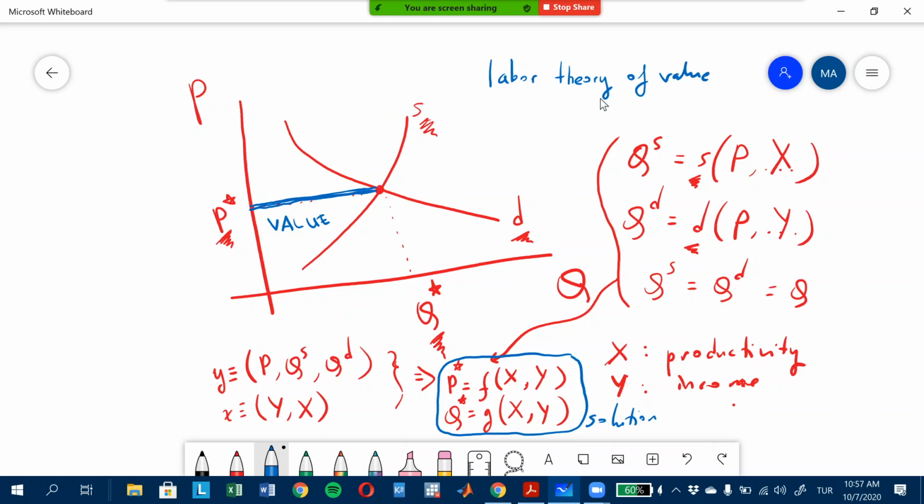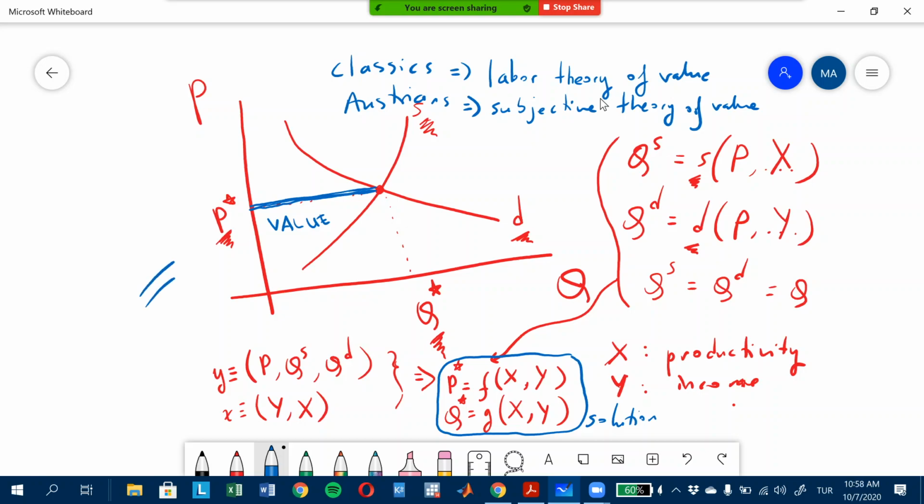We have the subjective theory of value. This is usually classics, right? And then we have some Austrians' view on the subjective theory of value.